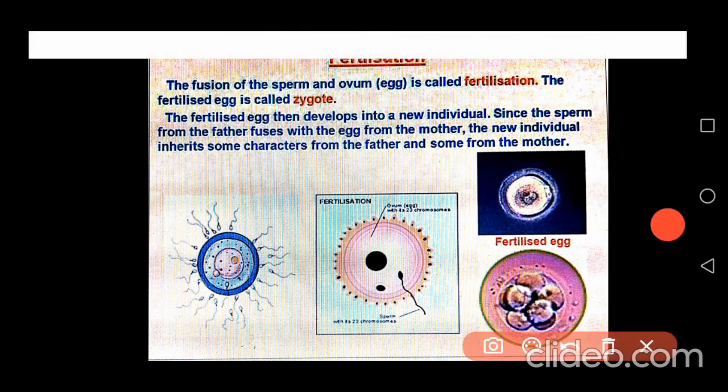This is the sperm, that is the male gamete, and this is the female gamete, that is the egg. After fertilization the egg becomes a fertilized egg, later it develops into a new individual that contains characteristics from both female and male. This is fertilization, that is very, very important.